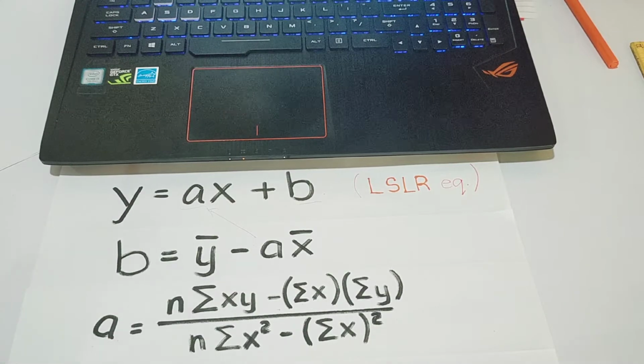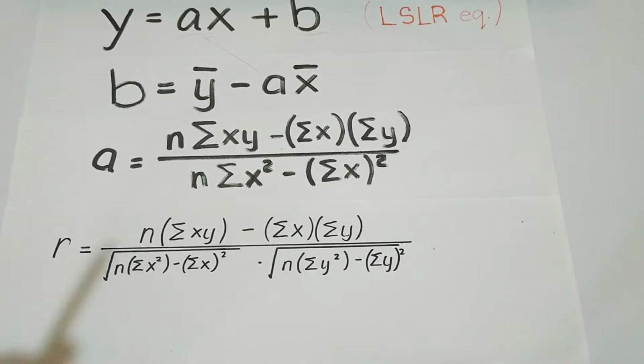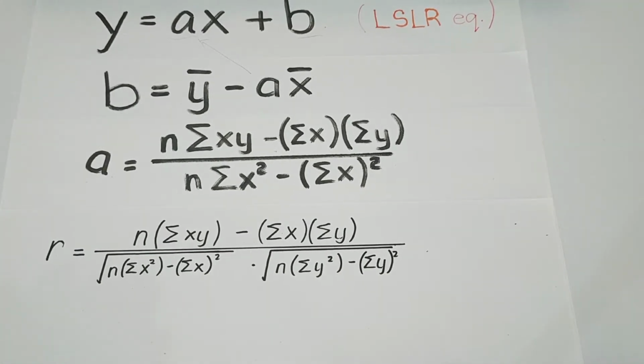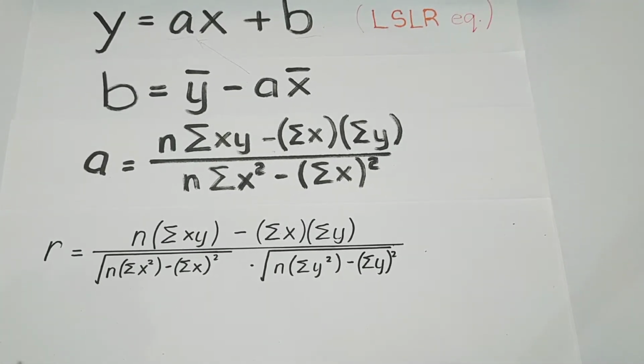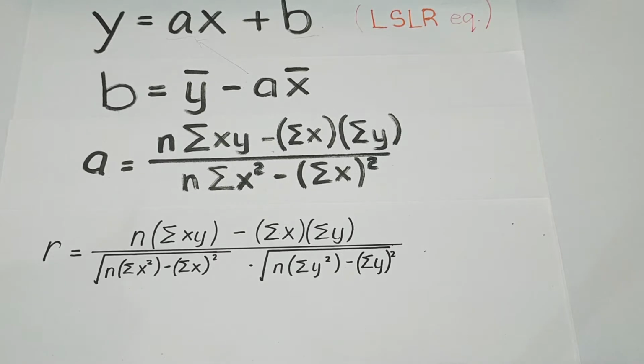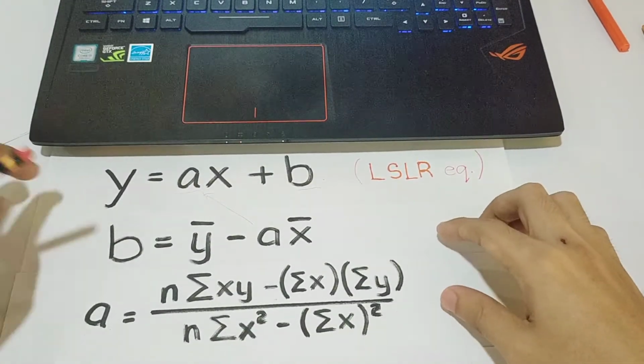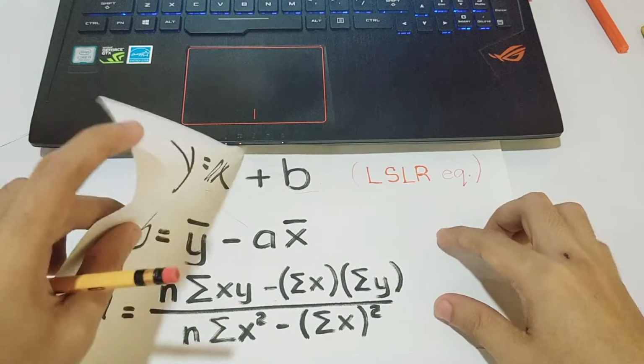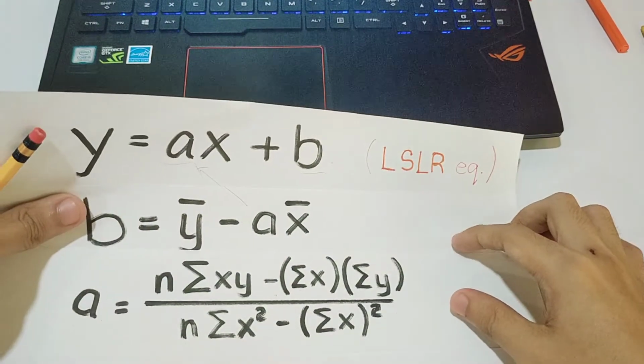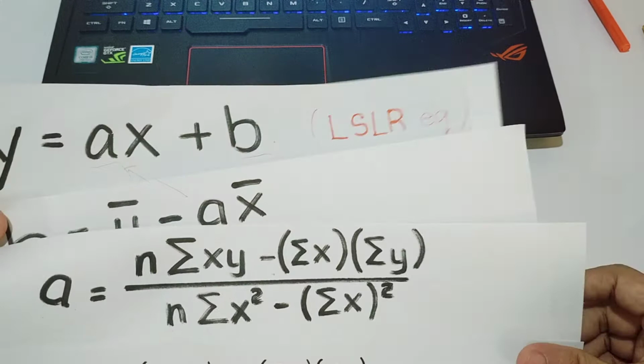Here we also have the equation for r. r is the linear regression coefficient, which we will use later on for our conclusion. So let us first solve the value of a.